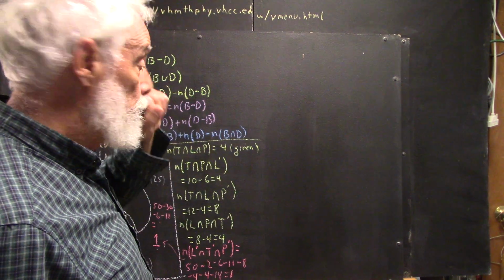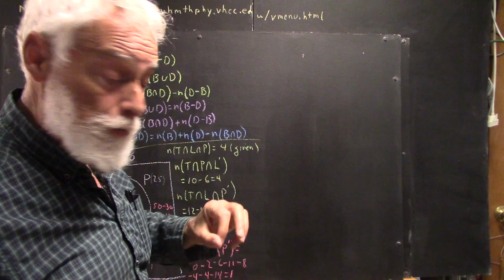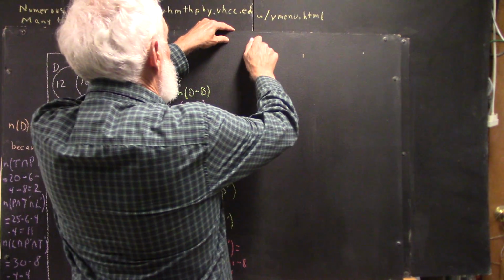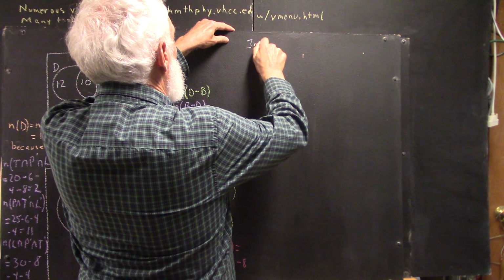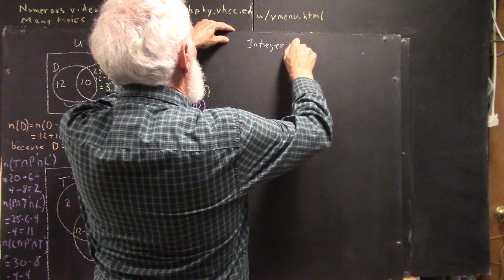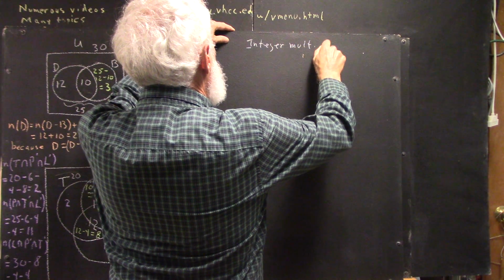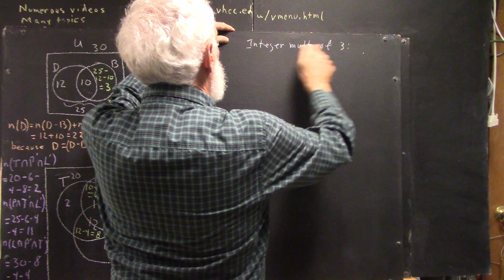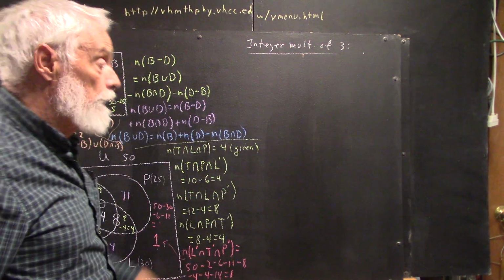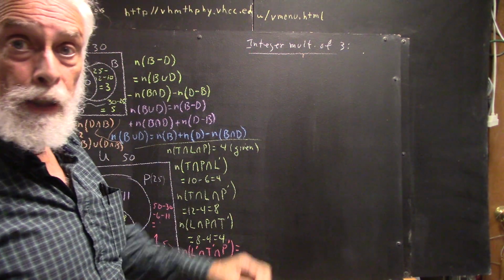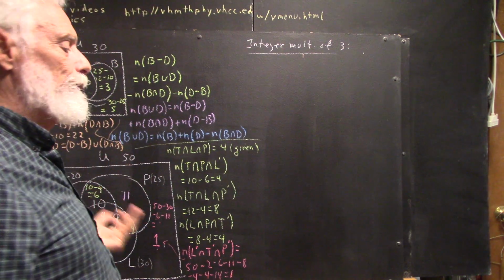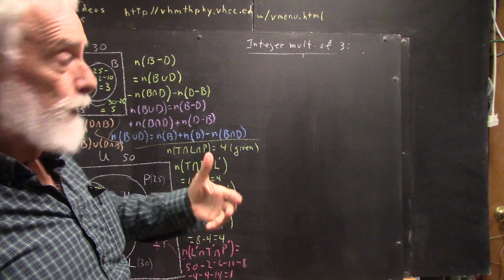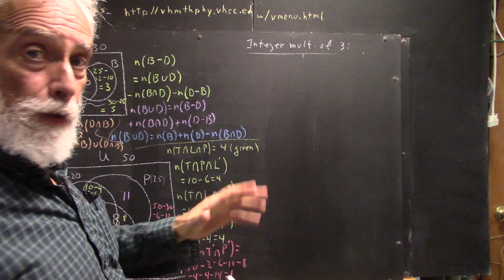Now there's a little bit more to the idea that we're talking about integer multiples. Now we could use set builder notation to describe this set, but it wouldn't be as detailed as some sort of a listing. So I'm not going to use brackets here.